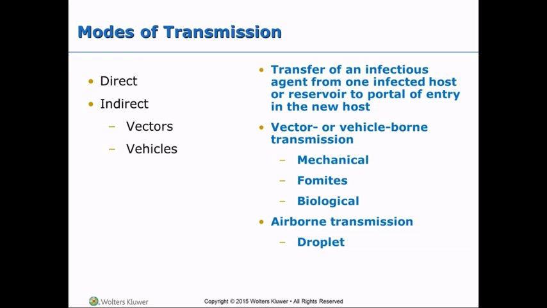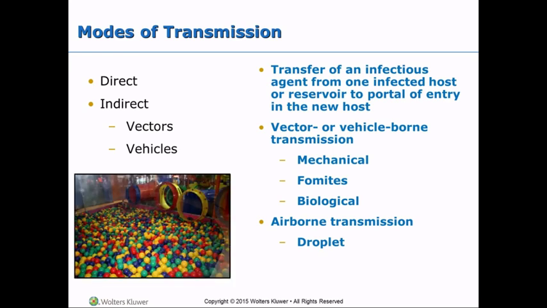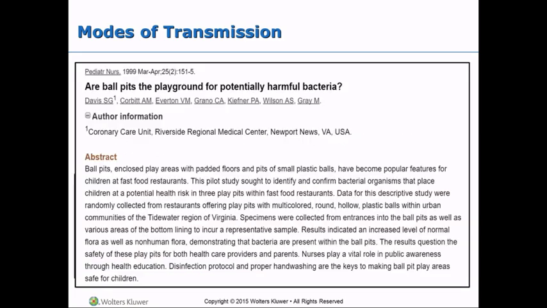Fomites and food are examples of vehicle-borne transmissions. Fomites are contaminated inanimate objects like toys, soiled bedding, and clothes, as well as surgical instruments that have not been sterilized. Do you remember those popular ball pits that were found in children's indoor playgrounds? Guess what? These are mechanical vectors for diseases.